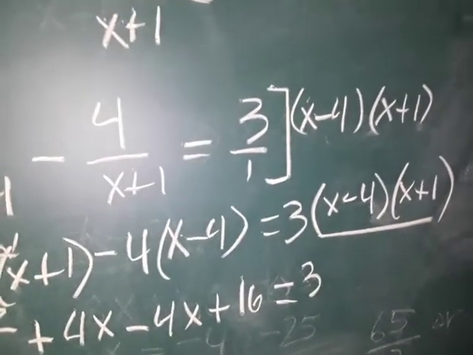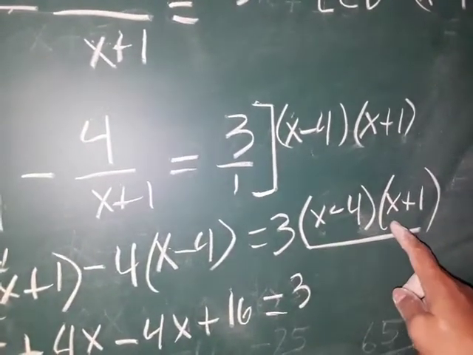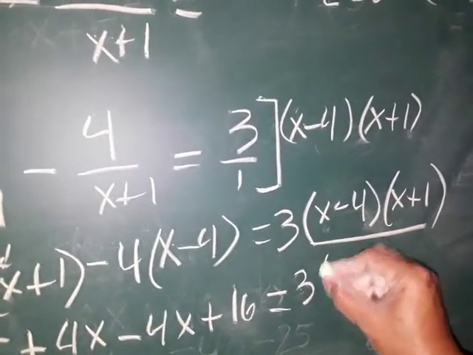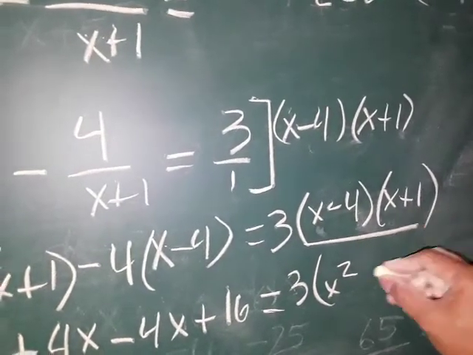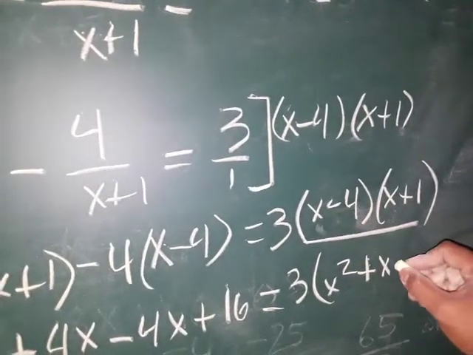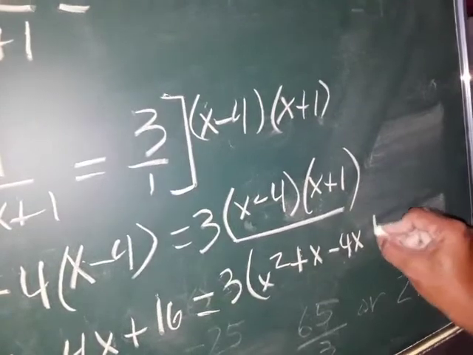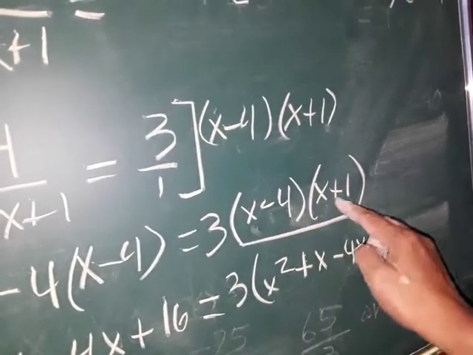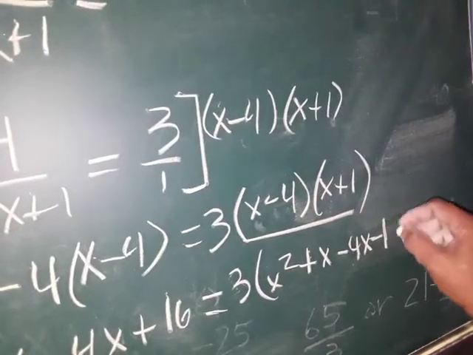We can do this by FOIL. Okay. X times x, x squared, x times 1, x, positive. Negative 4 times x, negative 4x. Okay, negative times positive, negative. 4 times 1, 4.